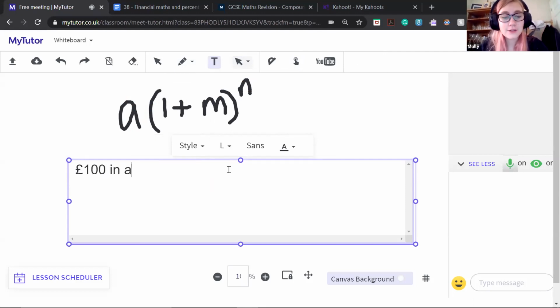So £100 in a bank with interest 5% per annum, so per year, for 10 years.